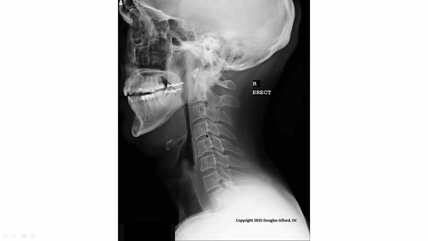X-ray's not like that. It's like getting run over by a steamroller, and everything is smashed into this flat image. So the left and right transverse processes are smashed together. Facets are smashed together. Both sides of the body of the mandible are smashed together.